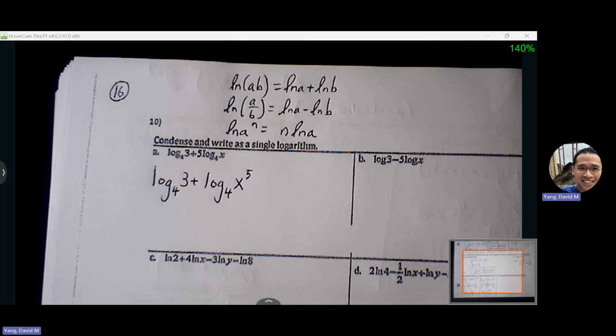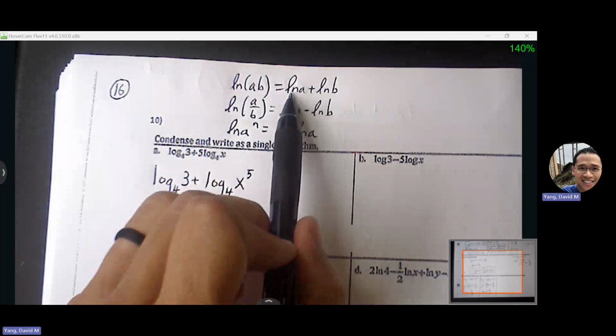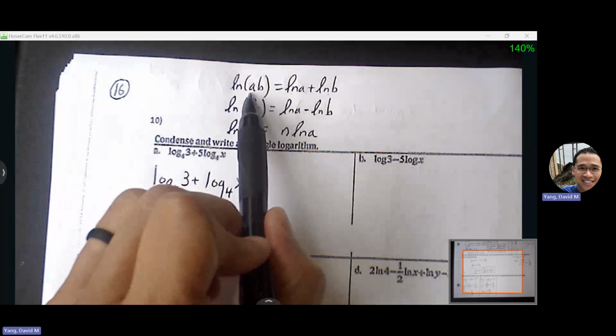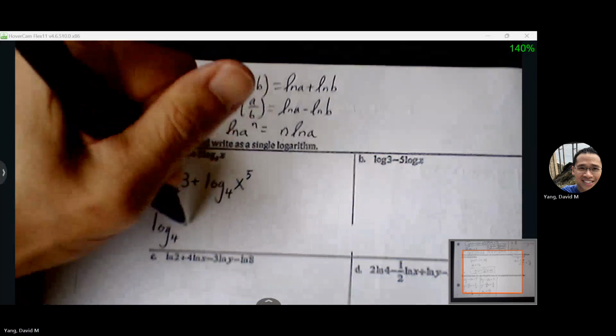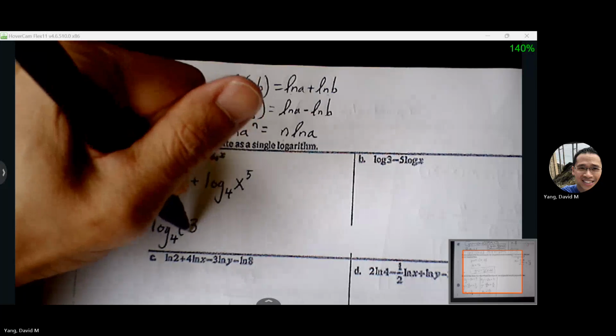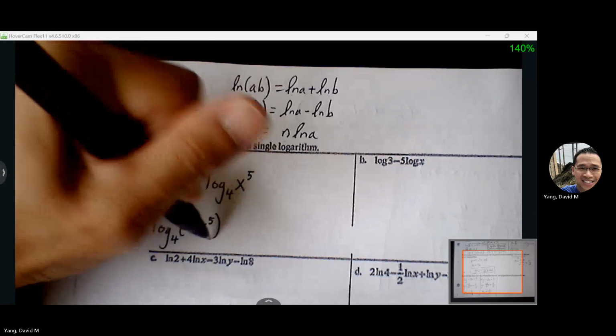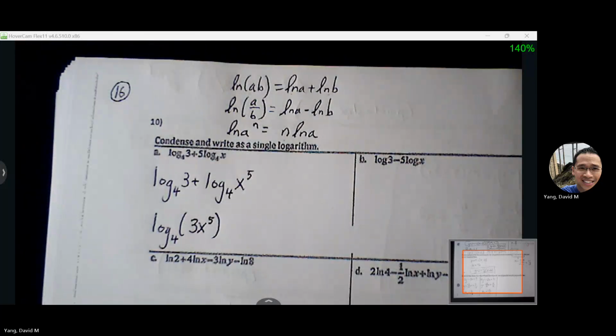Now I can use the product property to merge the sum into a product there. Okay, try part B.